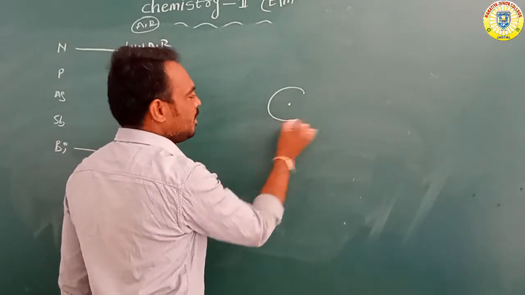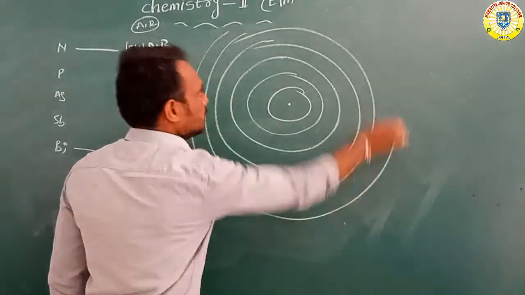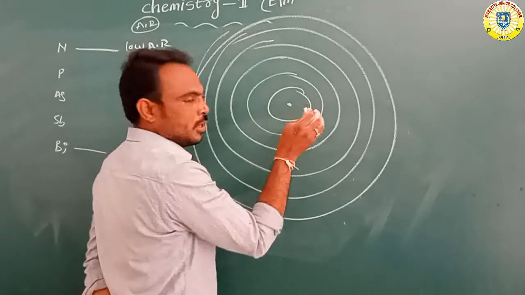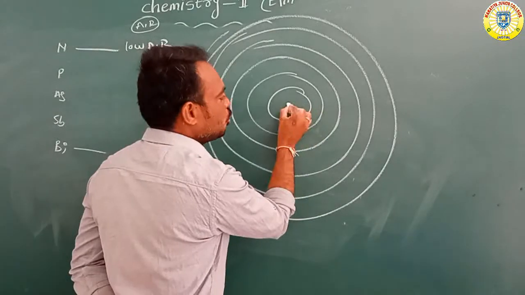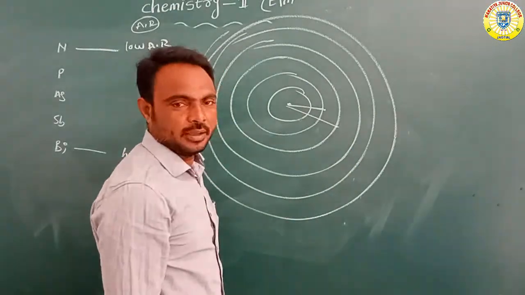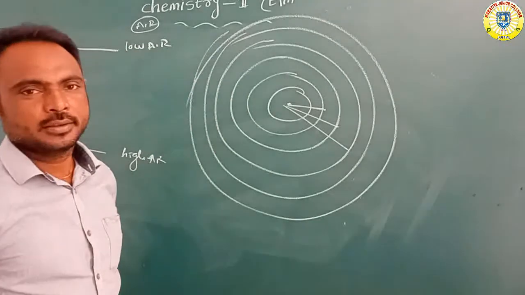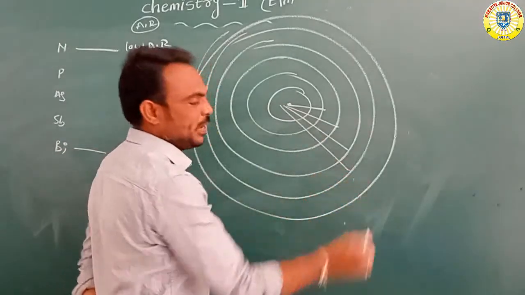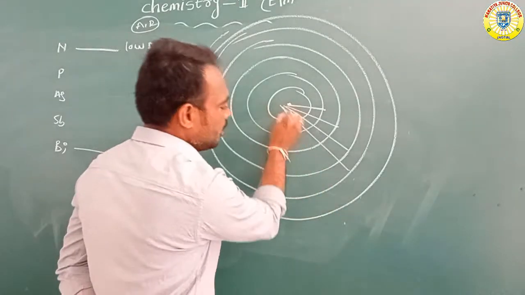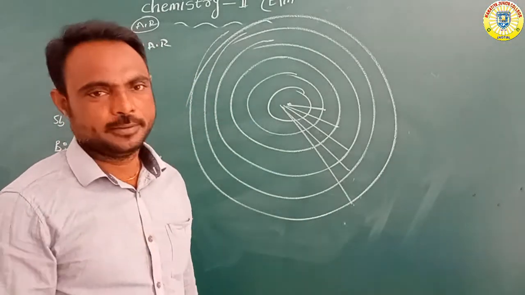Suppose this is the center, and these are different shells or orbits. Nitrogen's outer shell is 2s2, 2p3, the second shell. Phosphorus 3s2, 3p3 is the third shell, arsenic 4s2, 4p3 the fourth shell, antimony 5s2, 5p3 the fifth shell, and bismuth 6s2, 6p3 the sixth shell.